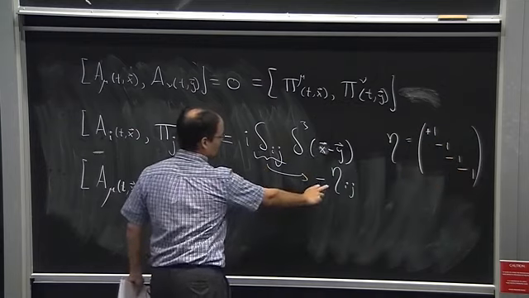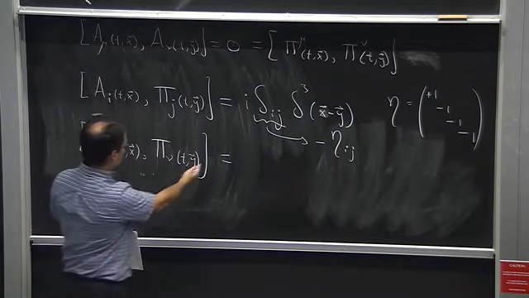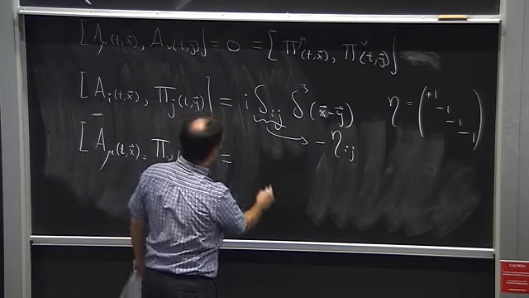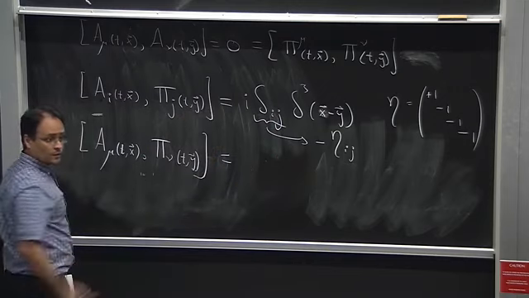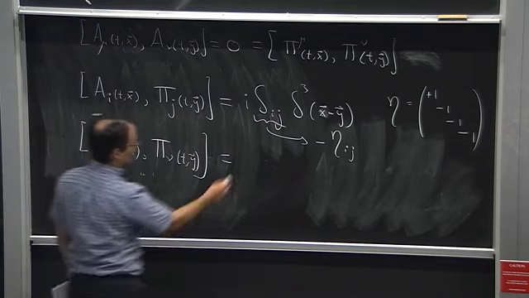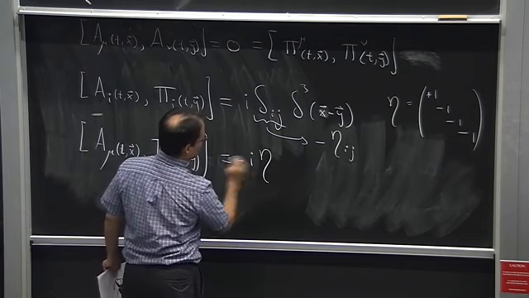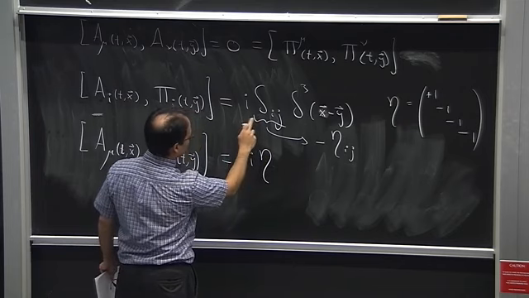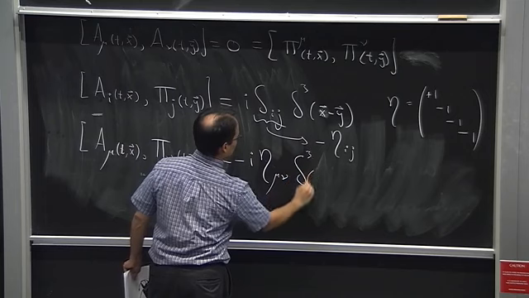So this object is minus eta ij, and that means that the natural completion of this to make something that is covariant, that transforms as a 2 tensor under the Lorentz group, is to put minus eta mu nu delta 3.